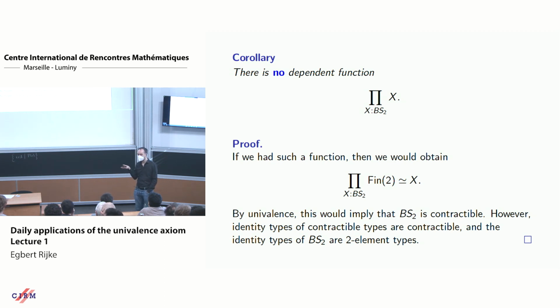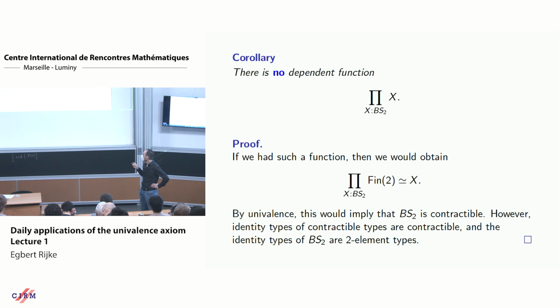So this would mean we would have a contraction of BS2. But BS2 should not be a contractible groupoid because it has Z2 in the loop space.